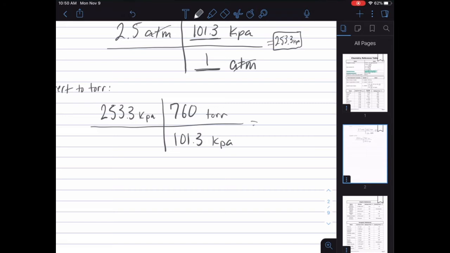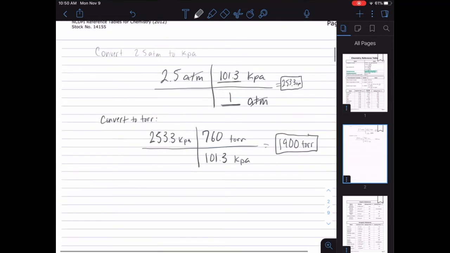And again, I'm just going to take those numbers and multiply across the top. So 253.3 times 760 and divided by 101.3. And that gives us an answer of around 1900 torr. So that is how you convert between any of the pressure units.